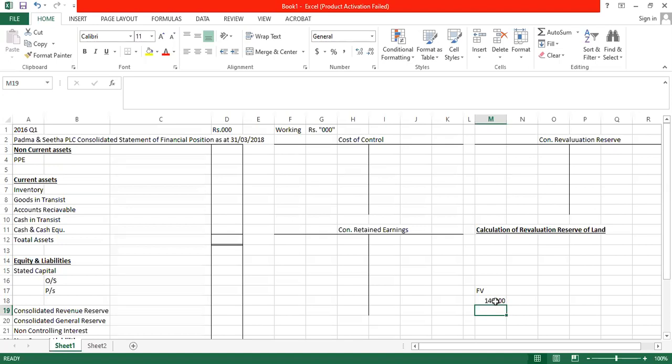After removing 3 zeros, it should be 14,000, right? 14,000. Yeah, 14,000 is the fair value.